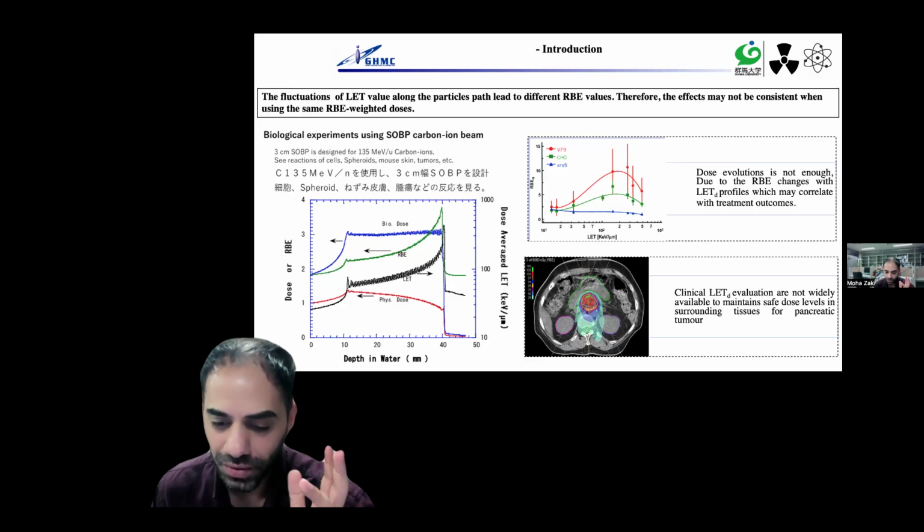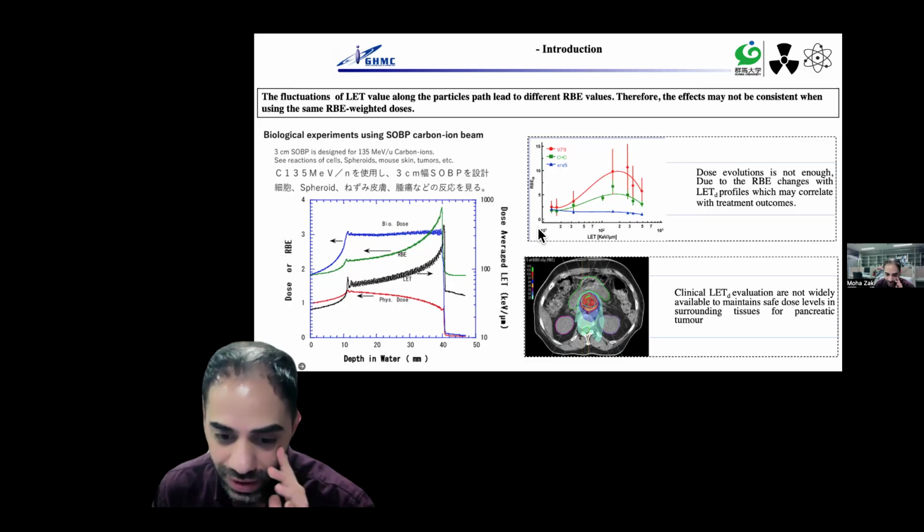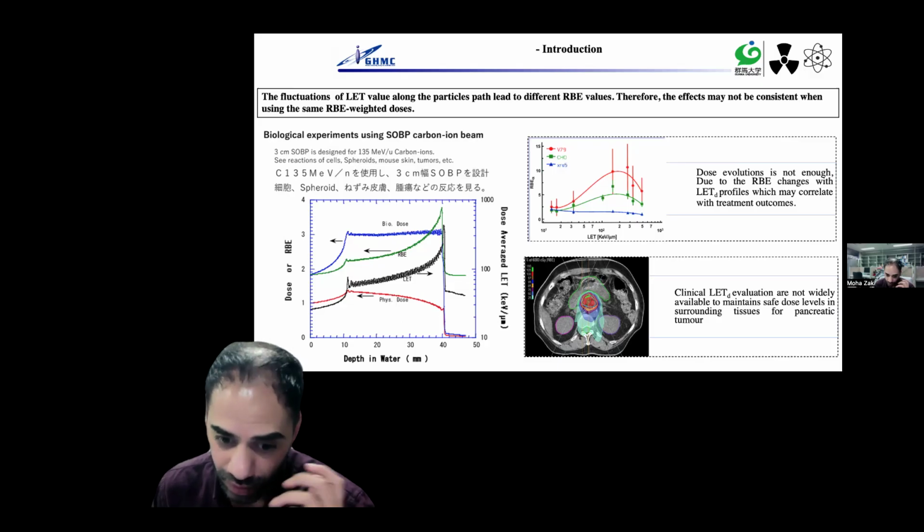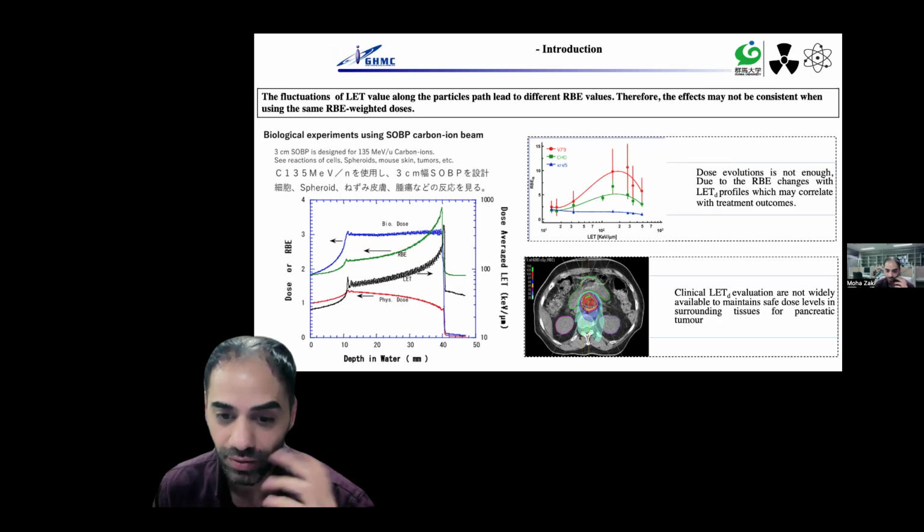In other words, this evaluation alone might not fully describe the biological quality of the treatment plan. Dose average LET profile might provide additional information that is related to the treatment outcome.